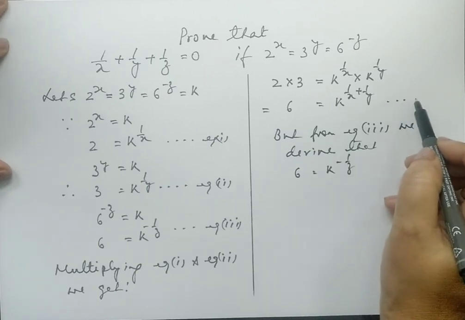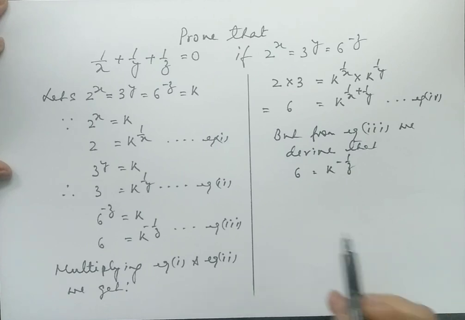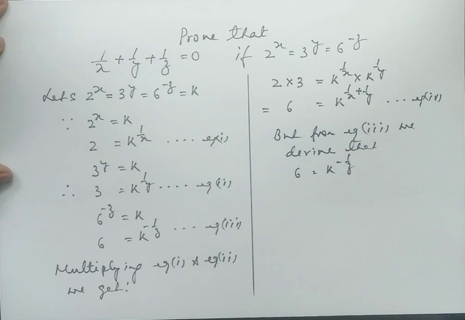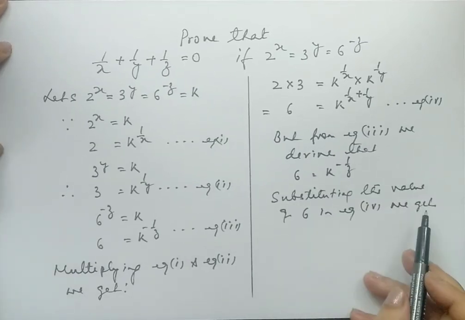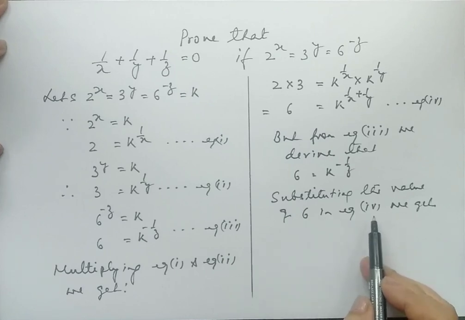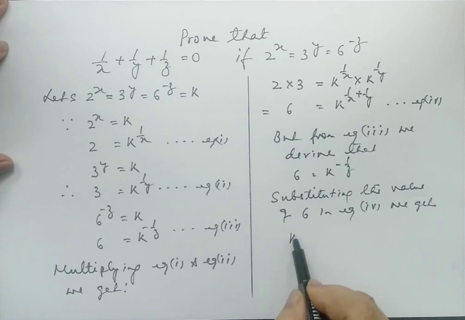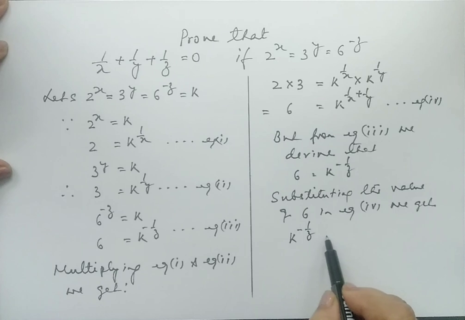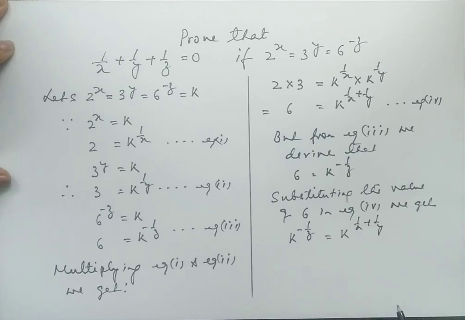Let's call this equation 4. So next, what do we do? Substituting the value of 6 in equation 4, we get k to the power minus 1 by z will be equal to k to the power 1 by x plus 1 by y.